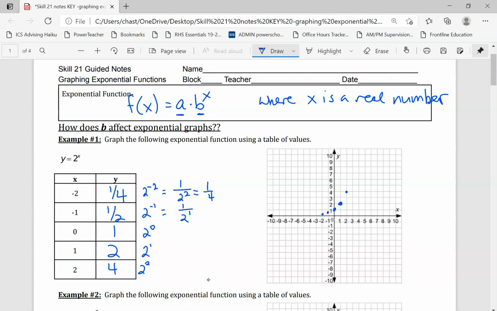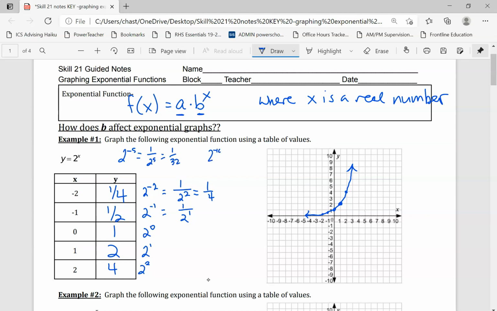Okay, what do we notice about these dots? Well, it looks like they kind of start growing slowly. Then we start rising quickly. And in fact, if we look at the left-hand side, if we start plugging in smaller and smaller values for x, if I have like 2 to the negative 5, that'll be the same as 1 over 2 to the 5th, which is 1 over 32.